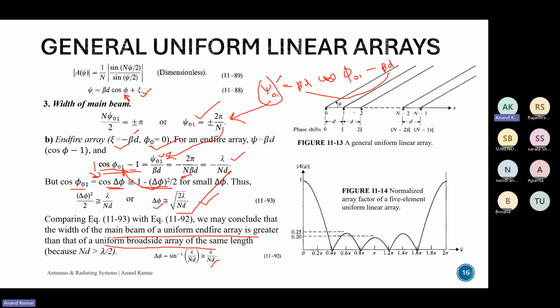For an array of 5 elements, the width of the end-fire array will be much larger than that of a broadside array. So that's an observation. I'll pause here if there are any questions, otherwise we'll proceed with the next slides. Any questions on the width of the main beam for a broadside array or end-fire array?